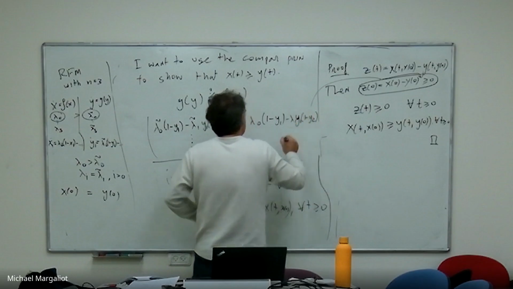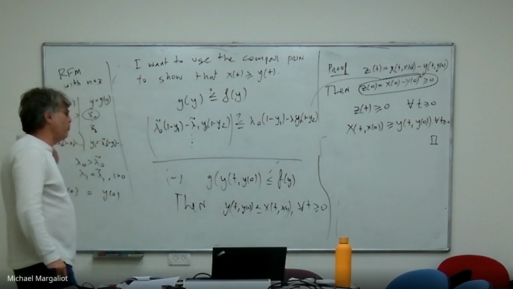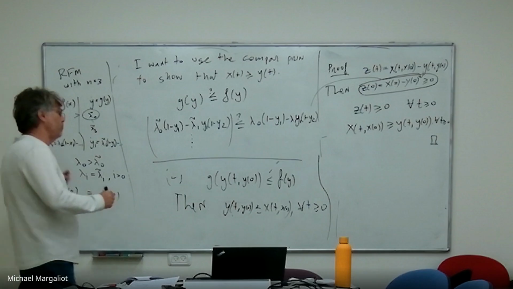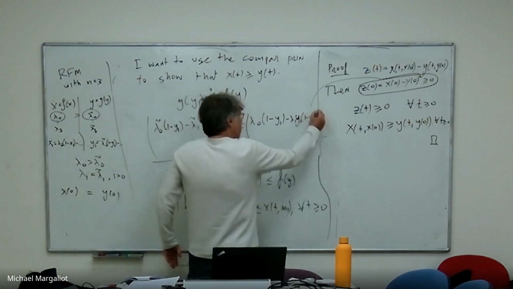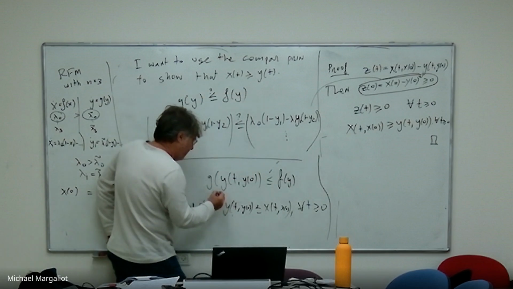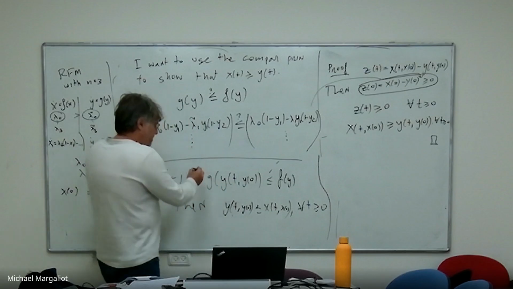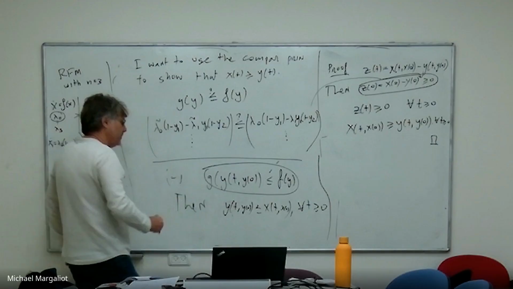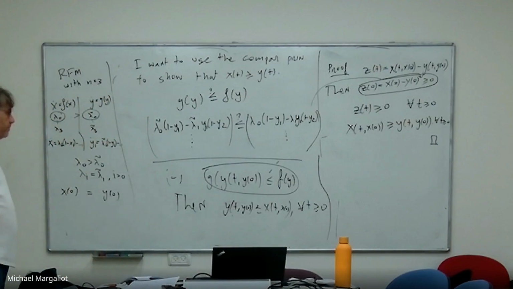But I compare on the same vector y. I don't know explicitly what the solution will be, but I compare both of them on this unknown y, on the same vector y. That's what was written in the comparison principle. Now this holds. Why does it hold?